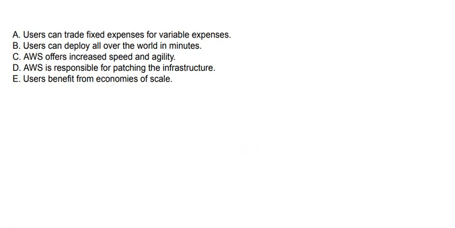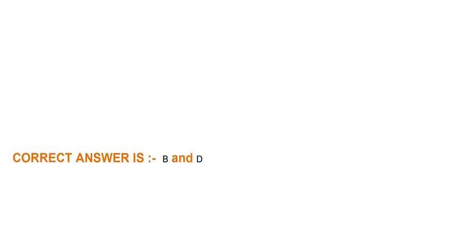Option C, AWS offers increased speed and agility. Option D, AWS is responsible for patching the infrastructure. And option E, users benefit from economies of scale. The correct answer is option B and D.